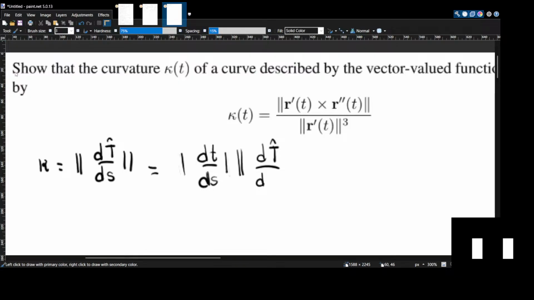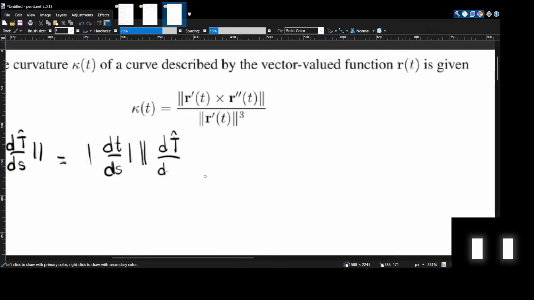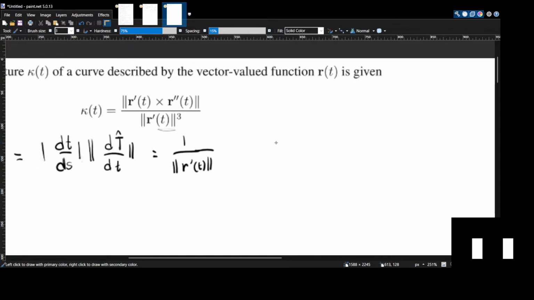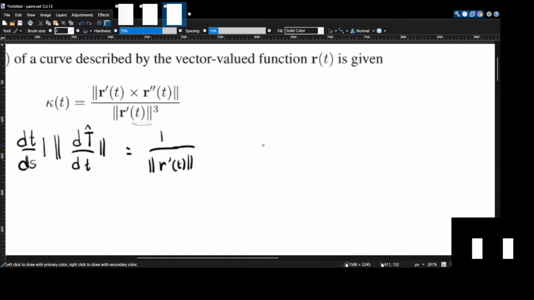All right, and then that's the ds by dt by ds, and this is dt by dt. This one over here is going to be equal to 1 over r prime(t), which is already part 1 of this thing done. So this method seems to be kind of promising so far.